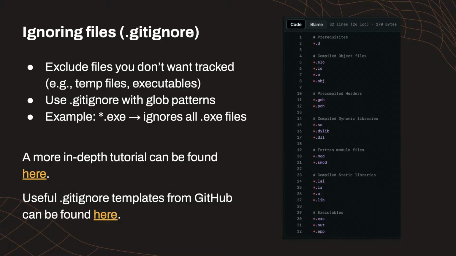So you can use glob patterns, for example, *.exe, which ignores all the exe files. For example, here's a template for, I think, C or C++, one of them, which are the common ones. And there's a bunch of default ones on GitHub. When you make a new repo, you can use those templates.